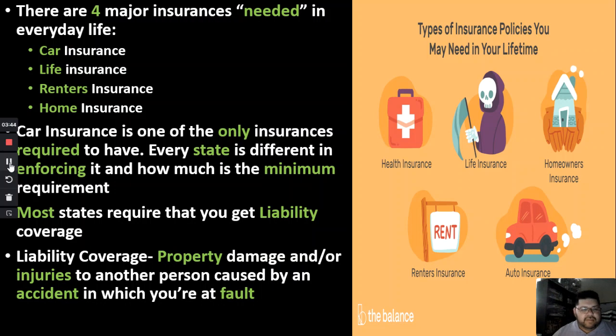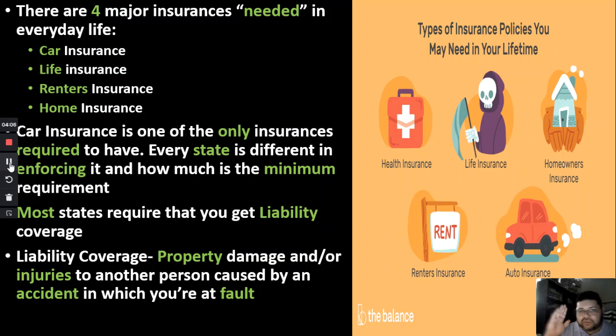Now, most states require, even California, that you get liability coverage in your car insurance. Liability coverage is basically any type of property damage or injuries that another person suffers from an accident in which you're at fault.